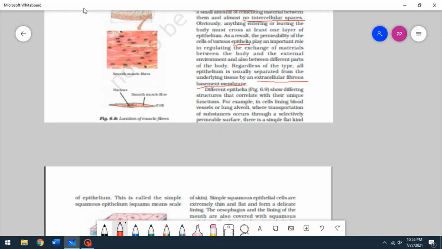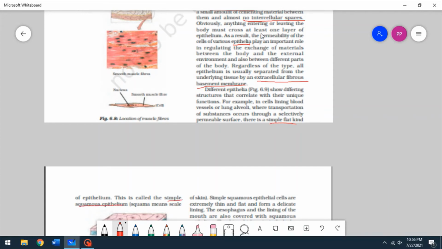Just like a neuron and bone have different structures based on their functions, different epithelia have different structures based on their functions. Alright, so for example, in cells lining blood vessels or lung alveoli, where transportation of substances occurs through a selectively permeable membrane, there is a simple flat kind of epithelium which is known as the simple squamous epithelium.